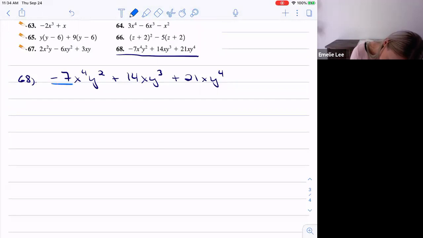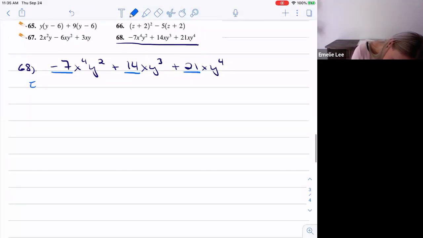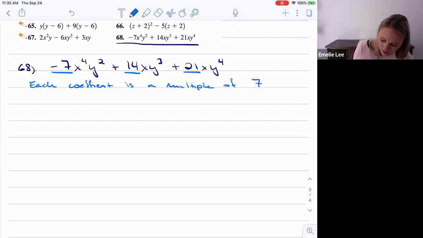So here, each coefficient is a multiple of 7. And just to really illustrate where everything is coming from, I'm going to rewrite everything as a multiple of 7, just to show where everything is going and coming from.